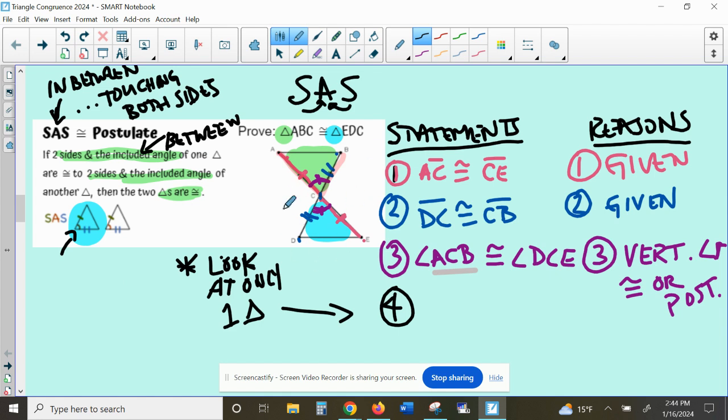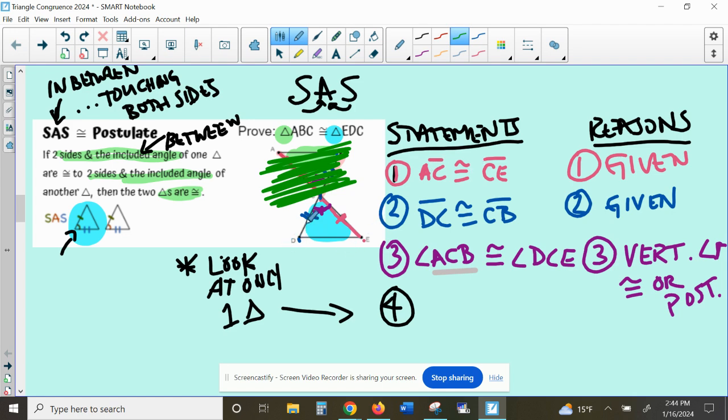So I'm going to look only at the blue triangle down here, okay? So I'm legit going to pretend like this top one is scribbled out. Don't scribble that out on your thing, but I can scribble it out on mine. Okay, so I'm only going to look at this triangle, and I'm going to see what is marked.